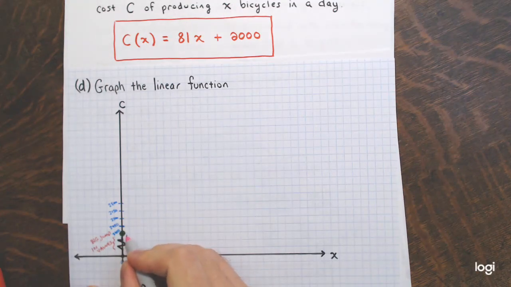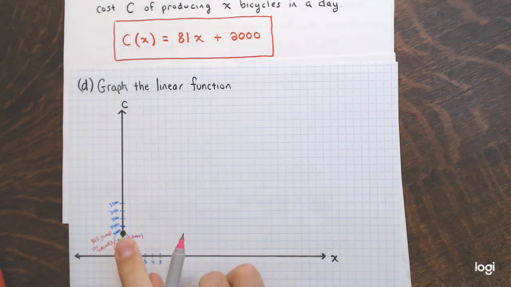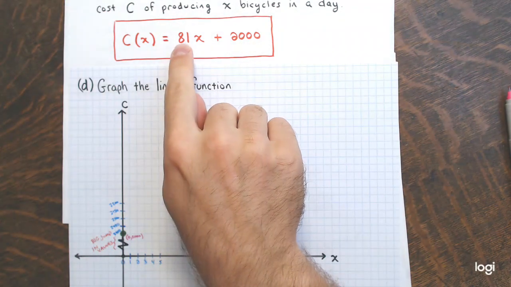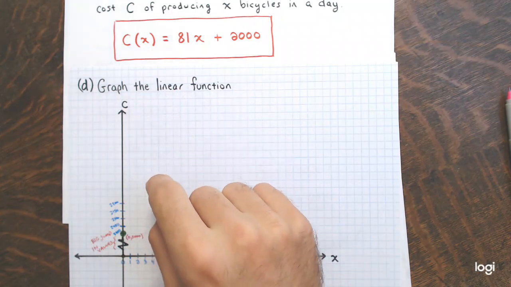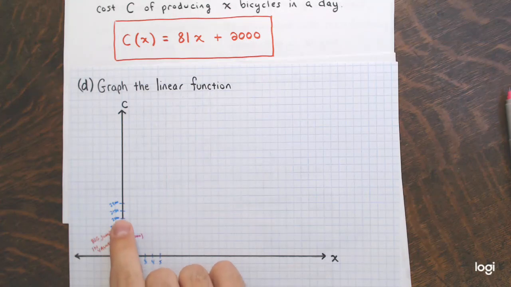So here's the ordered pair, 0, 2,000. Sorry about the tininess of that. 0 input, 0 bikes, 2,000 output. Costs $2,000. Now I could use the slope. Remember, the slope is 81, which is 81 over 1. So I would rise 81, so go to 2,081, somewhere between 2,050 and 2,100, and then right 1 unit.